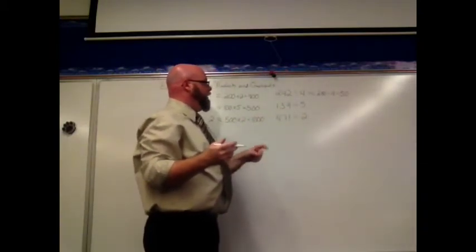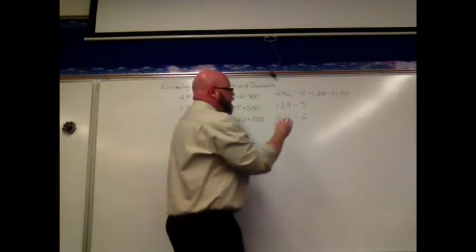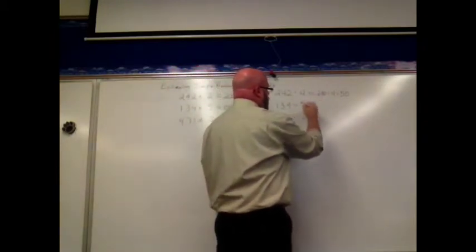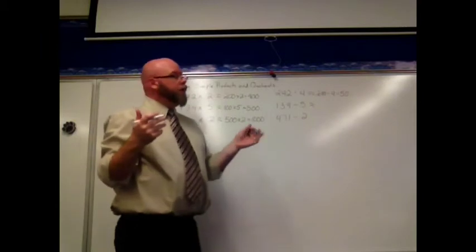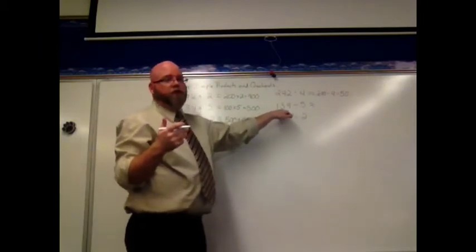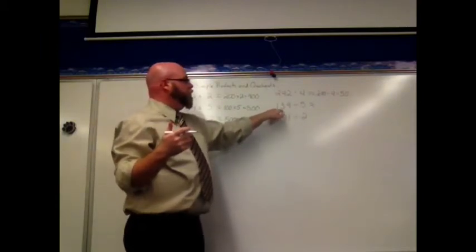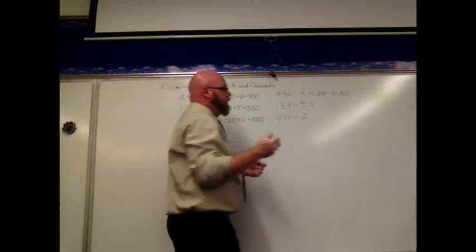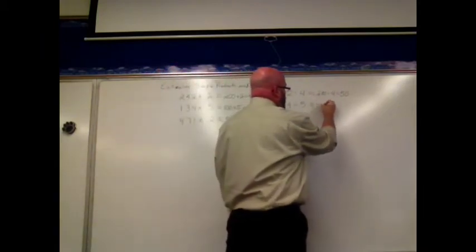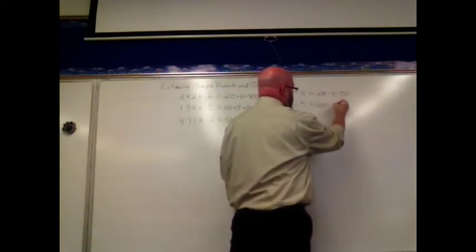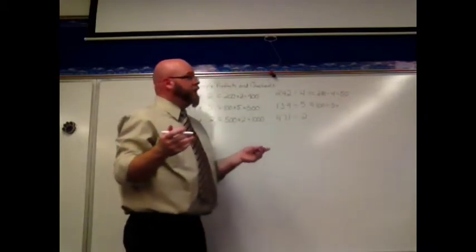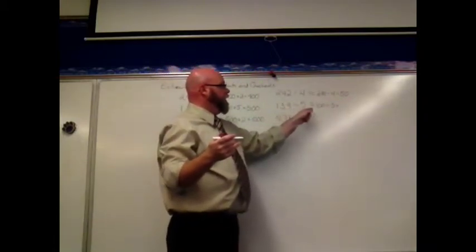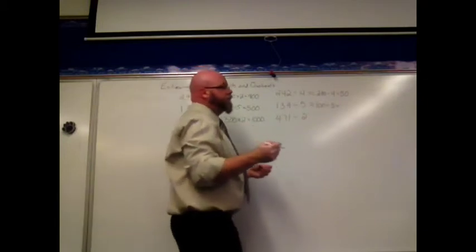134 divided by 5, I think to myself again, is it closer to 100 or is it closer to 200? That 3 in the tens place tells me it's closer to 100. So 100 divided by 5. My estimated answer of 134 divided by 5 is going to be about 20.